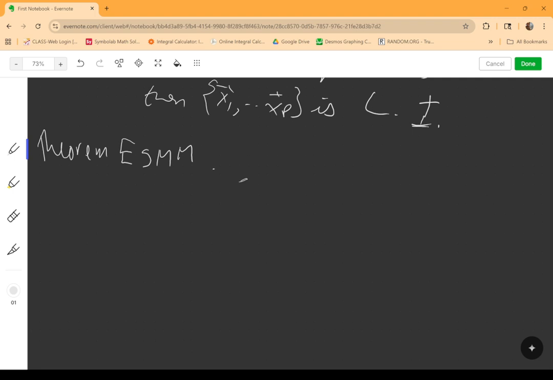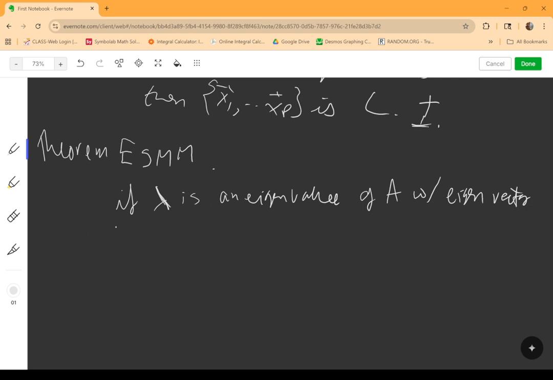What this tells me is that if lambda is an eigenvalue of A with eigenvector x, then alpha lambda is an eigenvalue of alpha A.